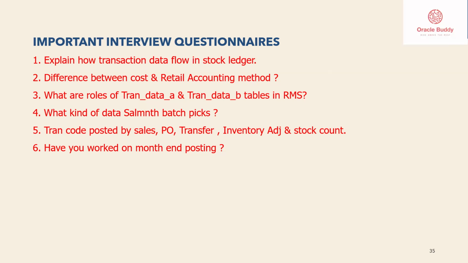All those mappings for the particular trend code and trend ref number should be there. There should be no missing mapping. And only then the month end batches will run. The SAL month and the FIF GL, whether you are using FIF GL 1, 2, or 3, based on that you need to run it and complete the month end.